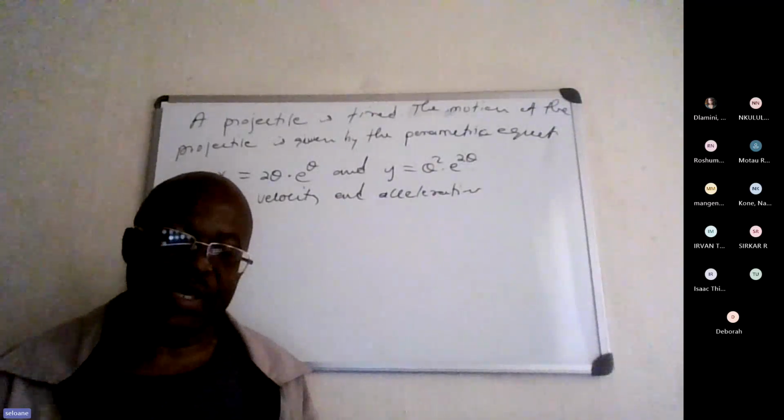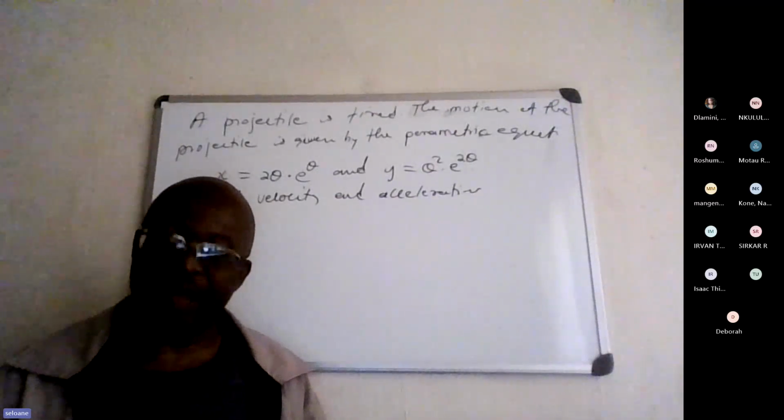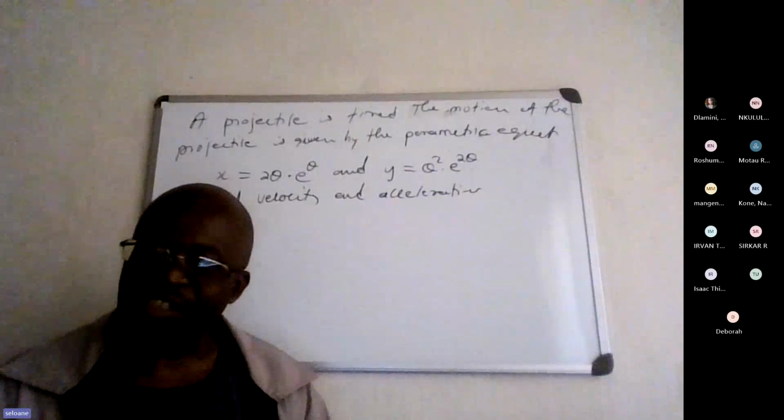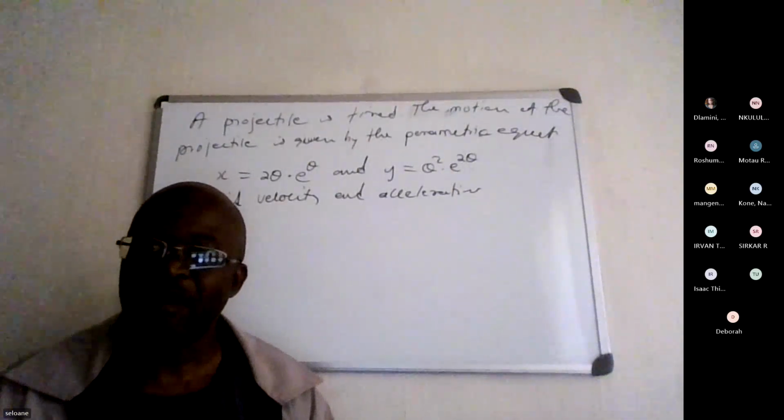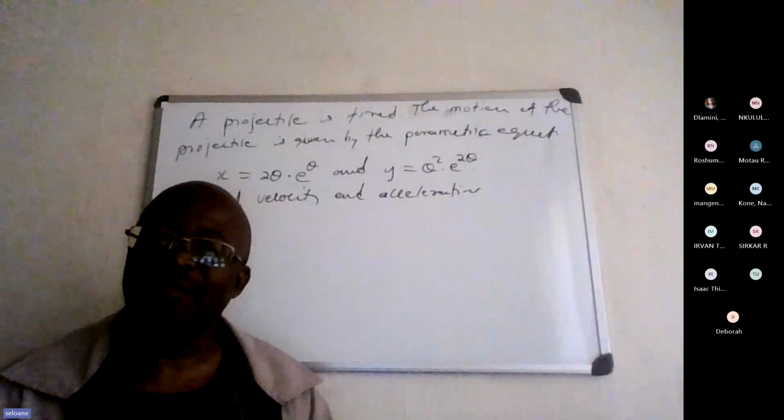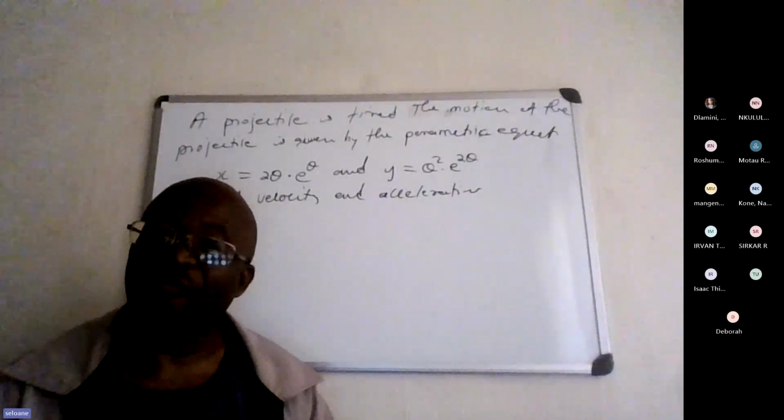But now what we are going to do here is not to look at the derivative of functions which are in terms of only two variables, x and y. We are going to look at multivariable functions.